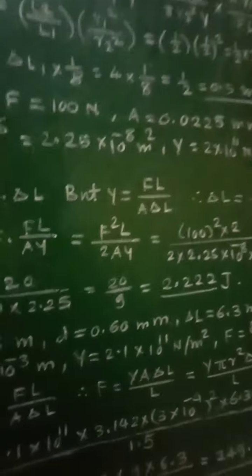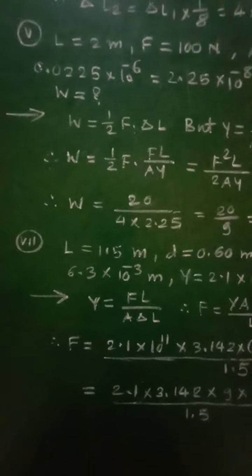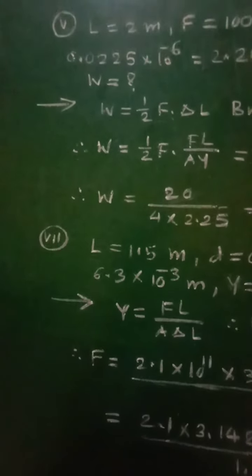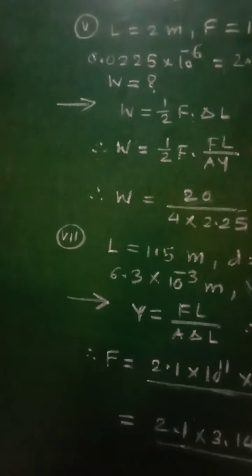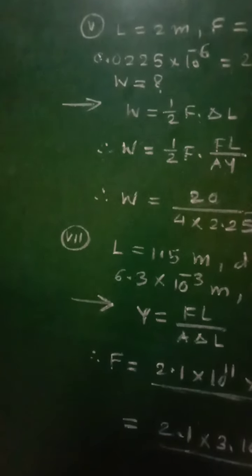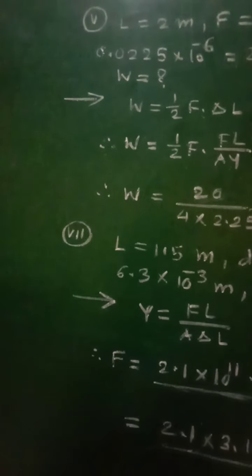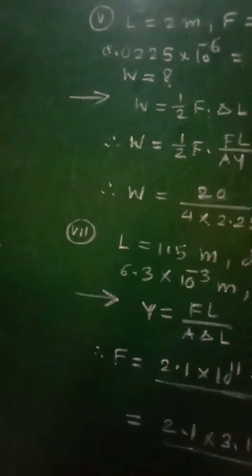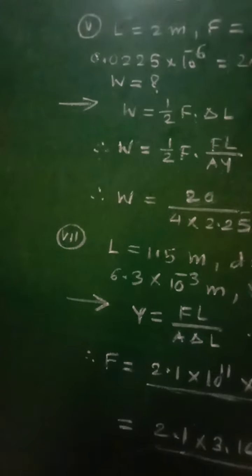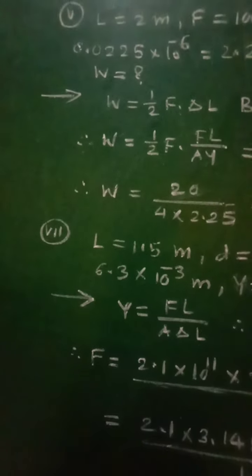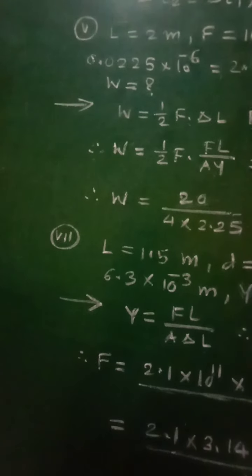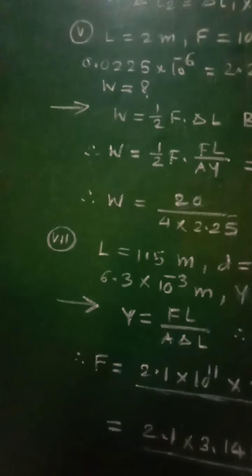And then we will go for next numerical, that is numerical number 7, which is given as: a wire of mild steel has initial length 1.5 meter and diameter 0.60 millimeter, gets extended by 6.3 mm.